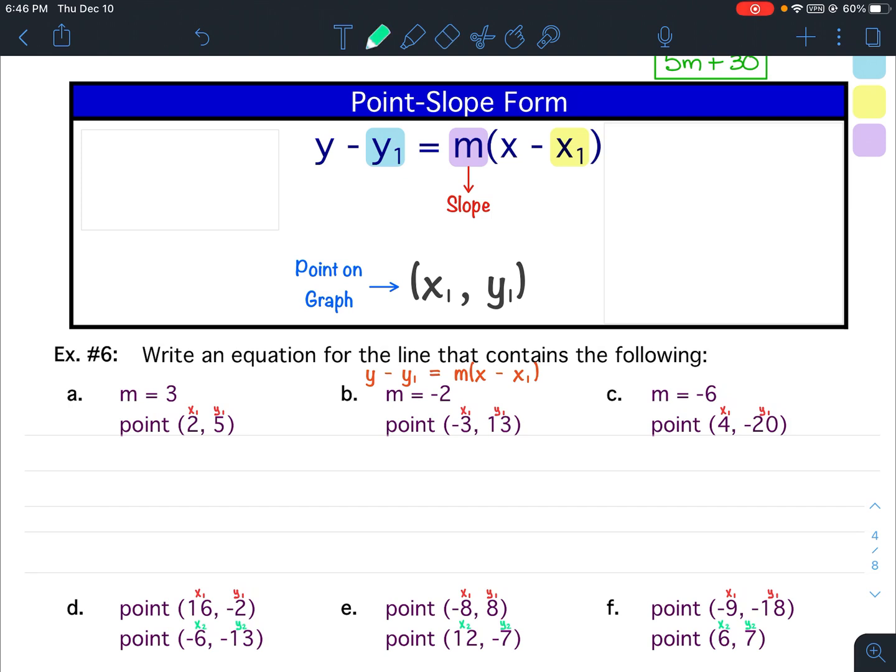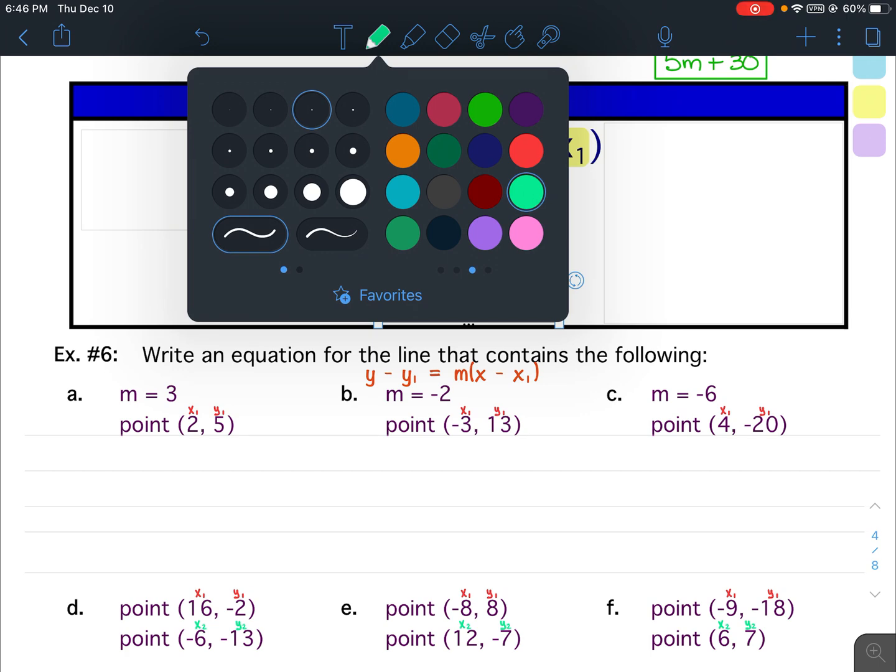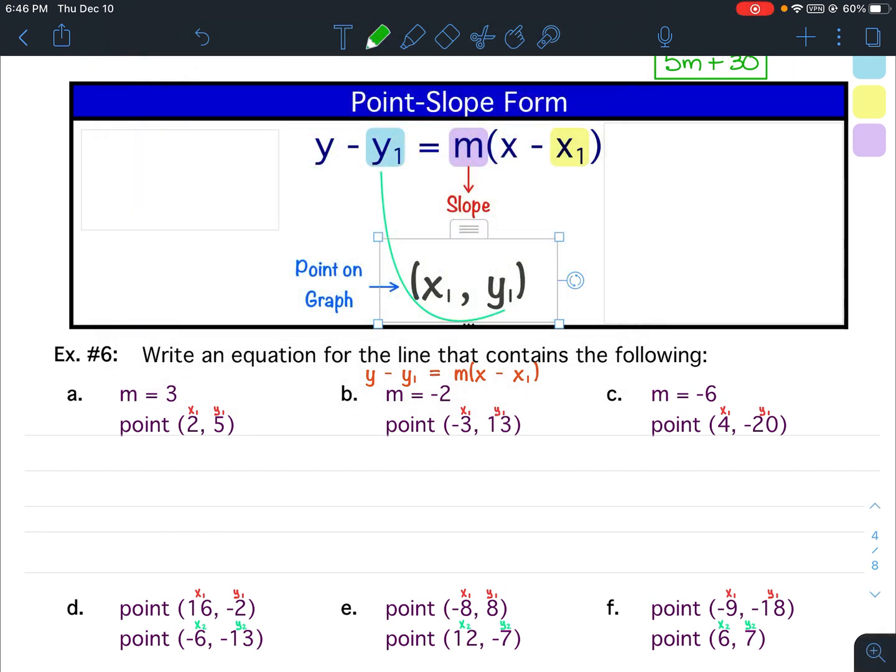Then you're going to take this y1 value here and you're going to put it right there. And you're going to take the x1 and put it in there.